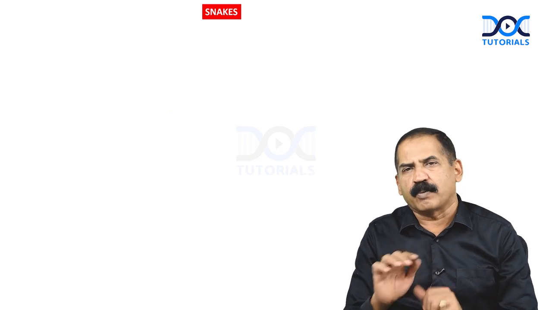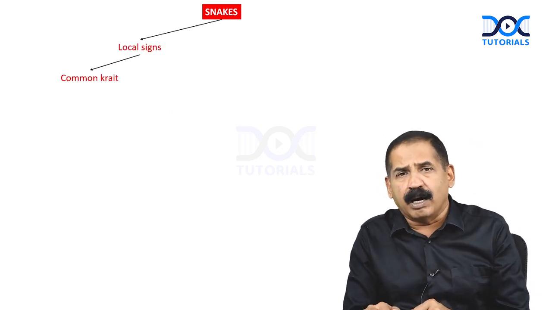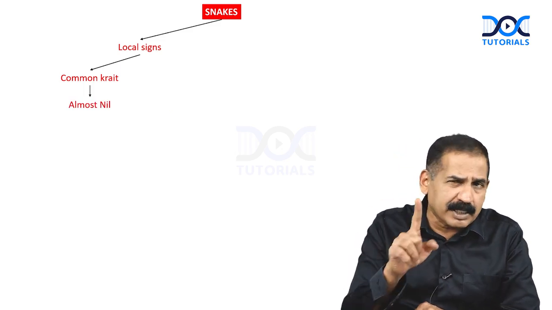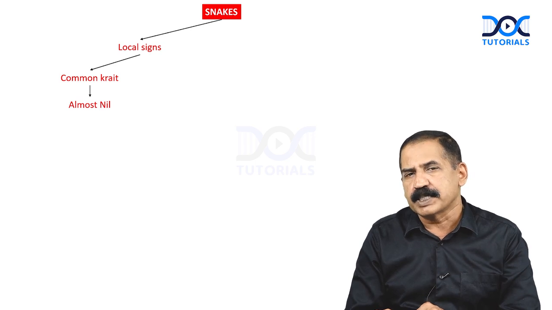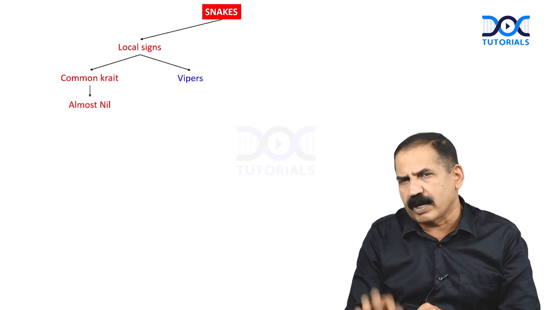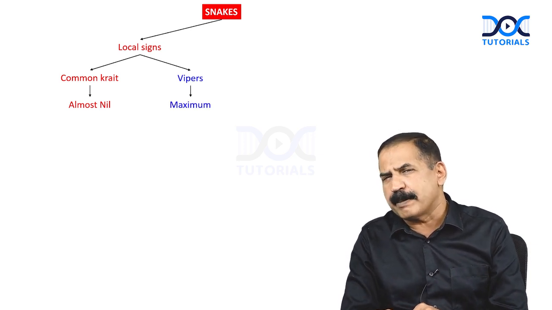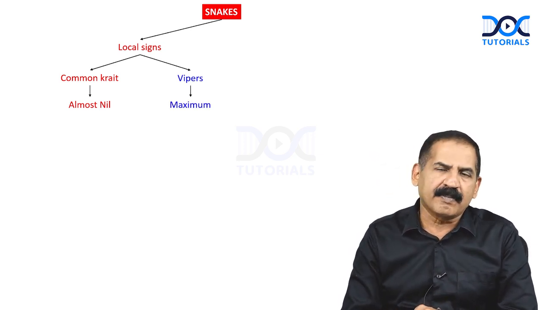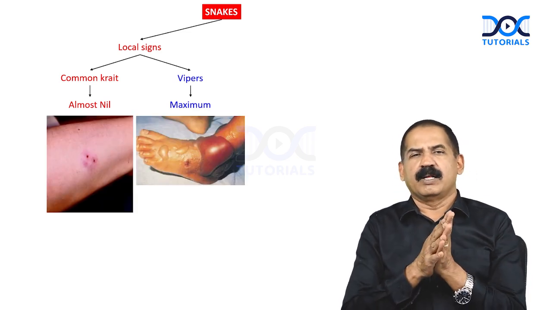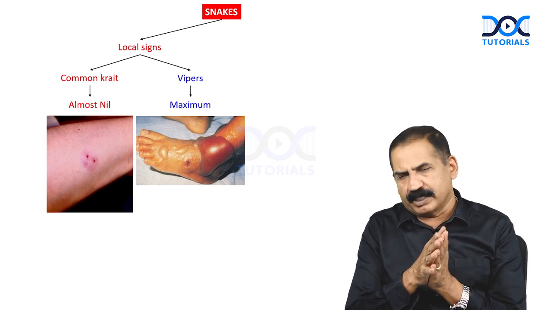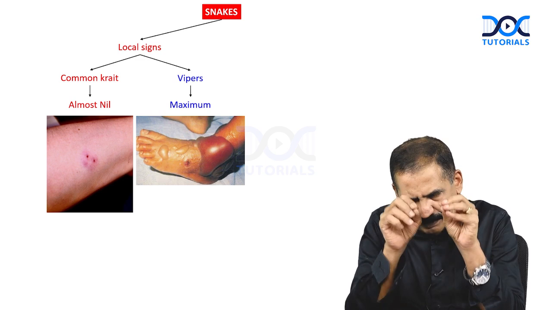Now, in case of snakes, local signs are almost nil in case of common krait, but in case of viper, they are maximum. Look here, local signs: common krait is very minimal, sometimes you don't even see fang marks, only some scratches.